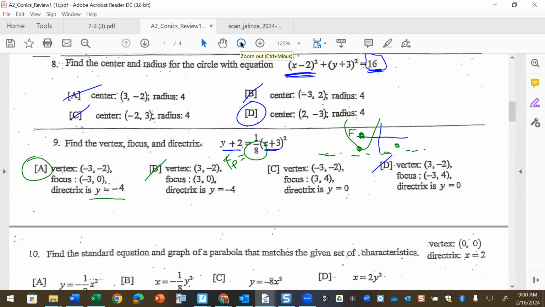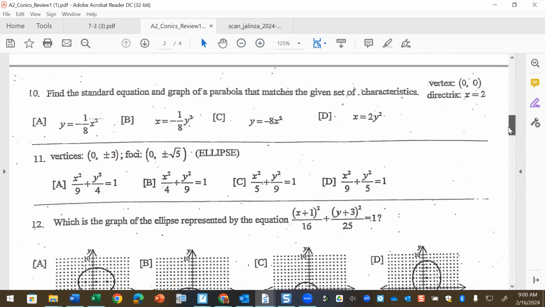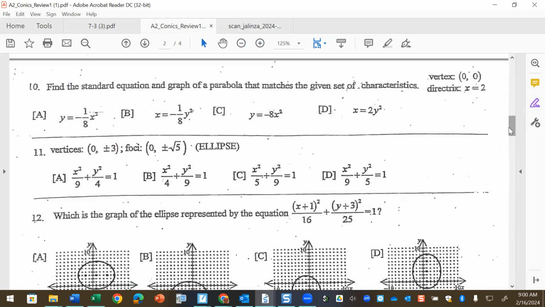Okay. Flip it. I'm talking to myself. Number 10. Okay. Standard equation for a parabola, still on parabolas. There you go. And the vertex is 0, 0, and the directrix is x equals 2.